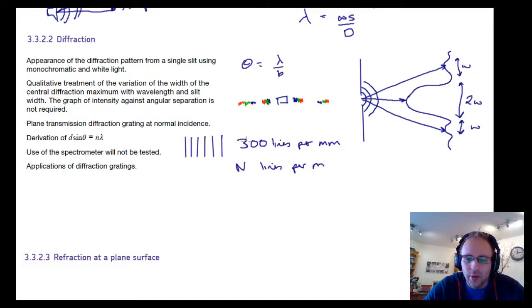So in this case we've got 300 lines for every millimeter, and we've got 1000 millimeters in a meter. You've got 1000 lots of 300 lines, so n equals 300,000 lines per meter. So the units would be m to the minus 1.